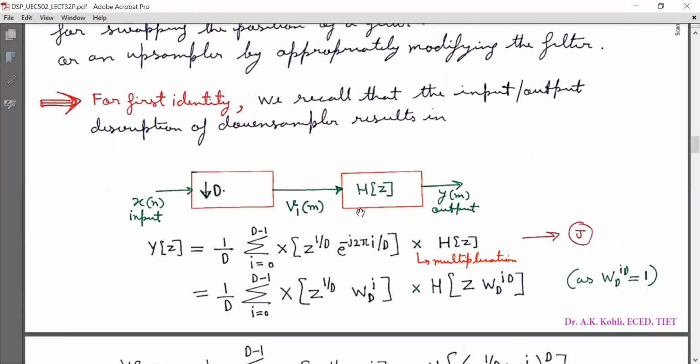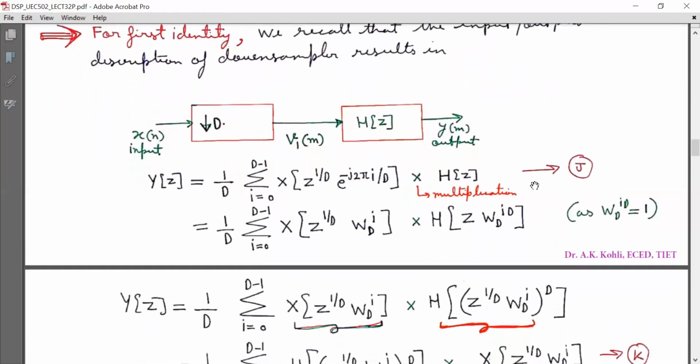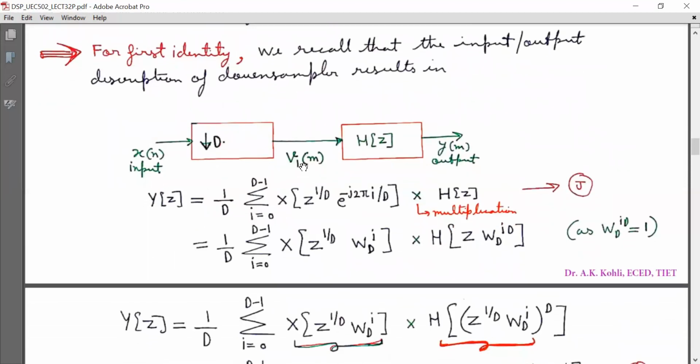Now, as per the mathematical description of the downsampler, Y(z) is equal to 1 by D, summation i running from 0 to D minus 1, X(z^(1/D) e^(-j2πi/D)) into H(z). This is a multiplication operator. Mark it as equation J. This is based on the mathematical analysis of downsampling, which we have done in earlier lectures.